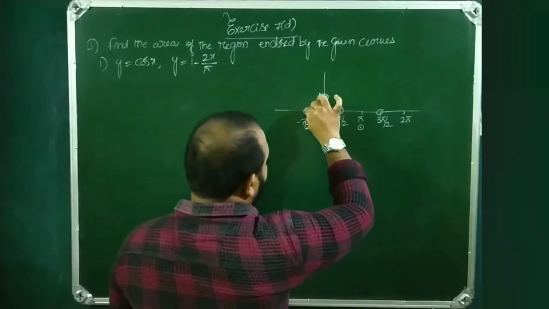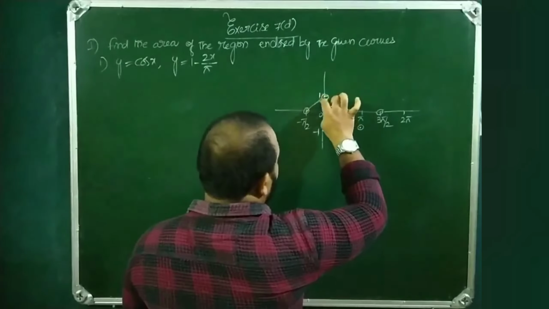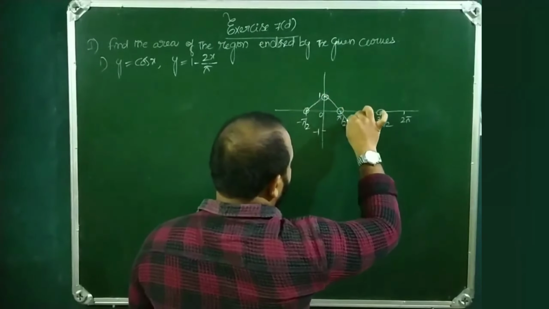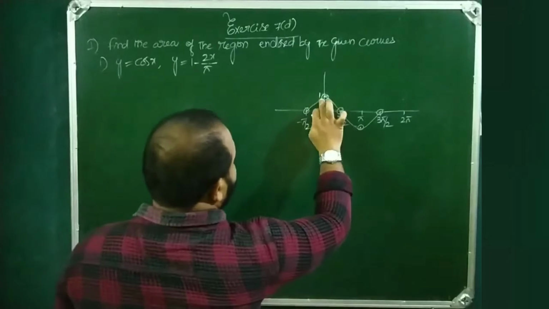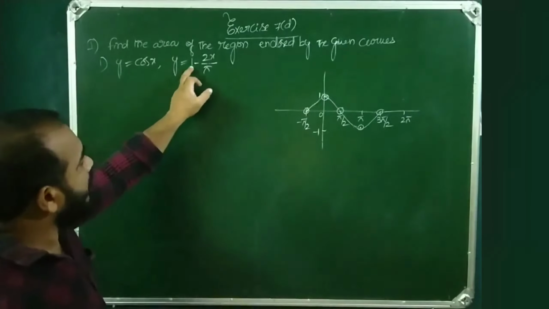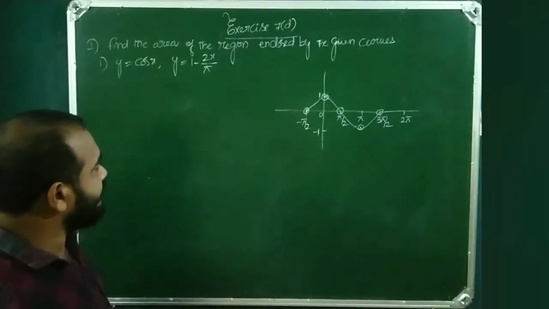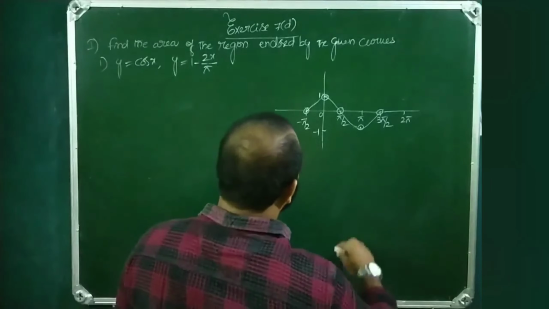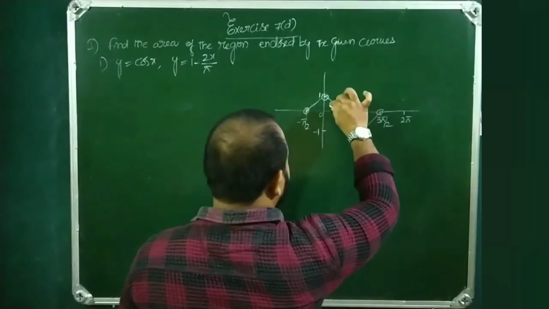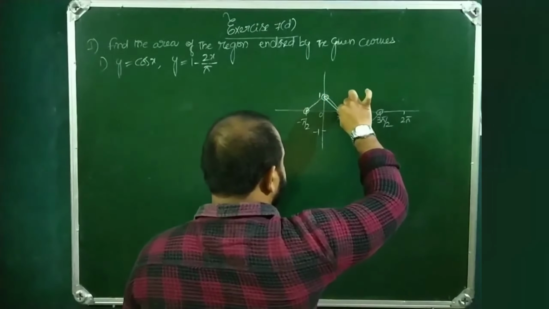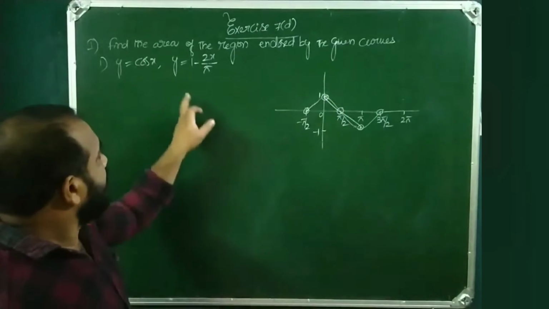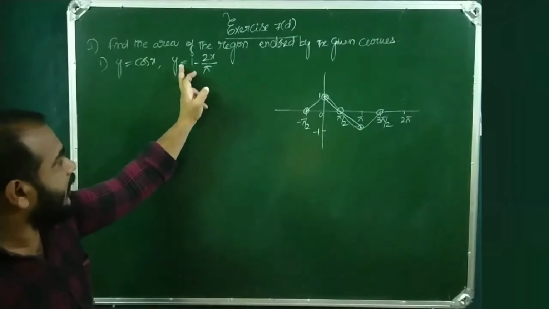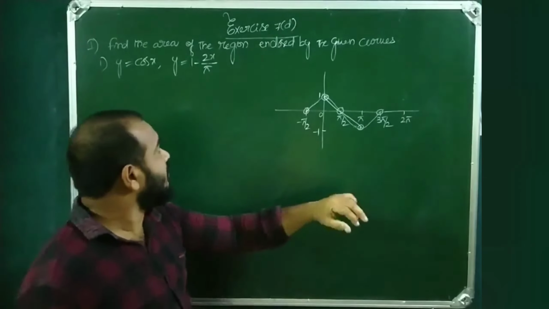Now if I draw the diagram, this will be this. And now y equals 1 minus 2x by pi. This will be this, because this is a y equals mx plus c type of line, which is a straight line.